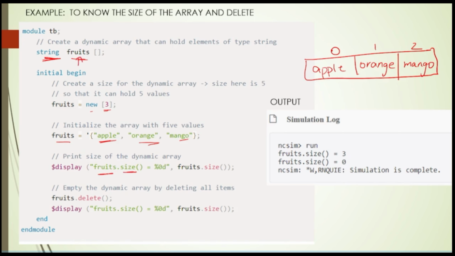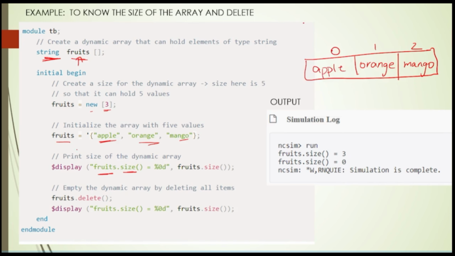Now what happens? Fruits, you will be giving it. So in the strings, while I explained to you about strings, I have already told you, whenever you want to call a particular method in anything, like in either strings or dynamic arrays or associated arrays, queues, whatever it is, either in classes also, you should use the dot symbol.